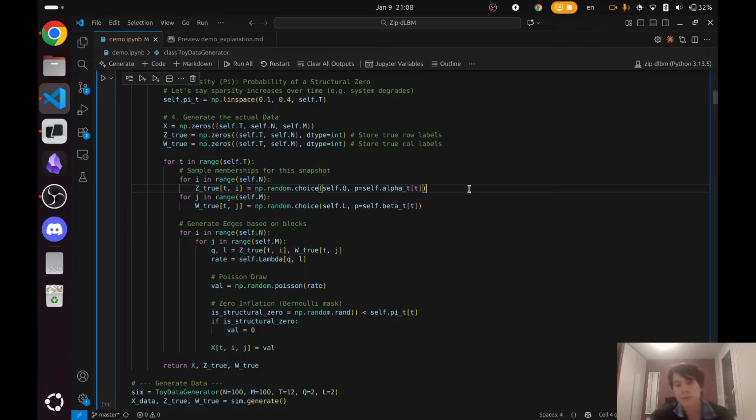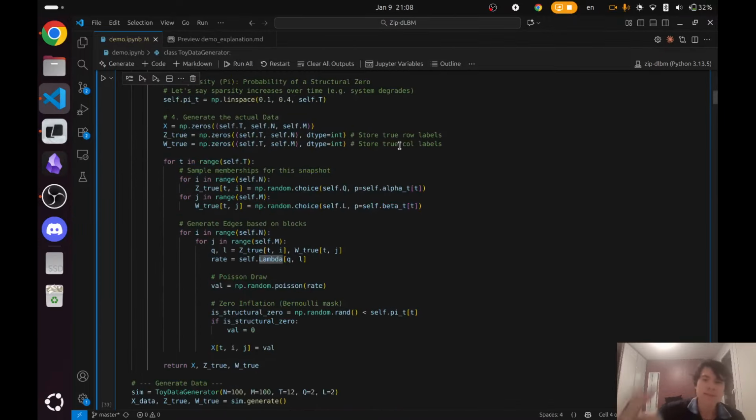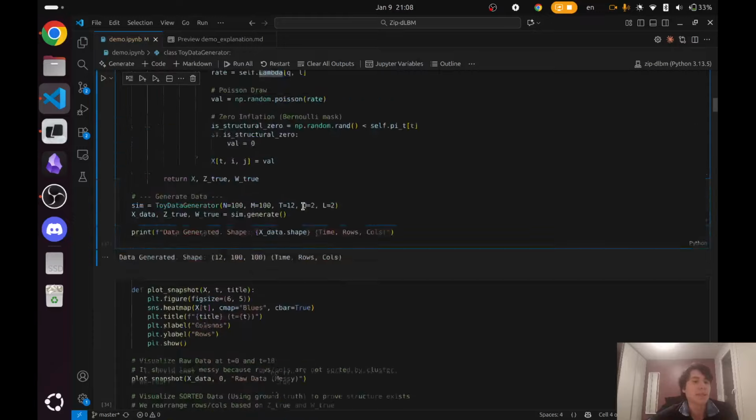We do this for the rows and for the columns, and then we sample because we have a rule. If a node goes from cluster 1 to cluster 2, then you have to use the specific rate defined by lambda, which is a matrix of size number of clusters times number of clusters. And we generate the data set.